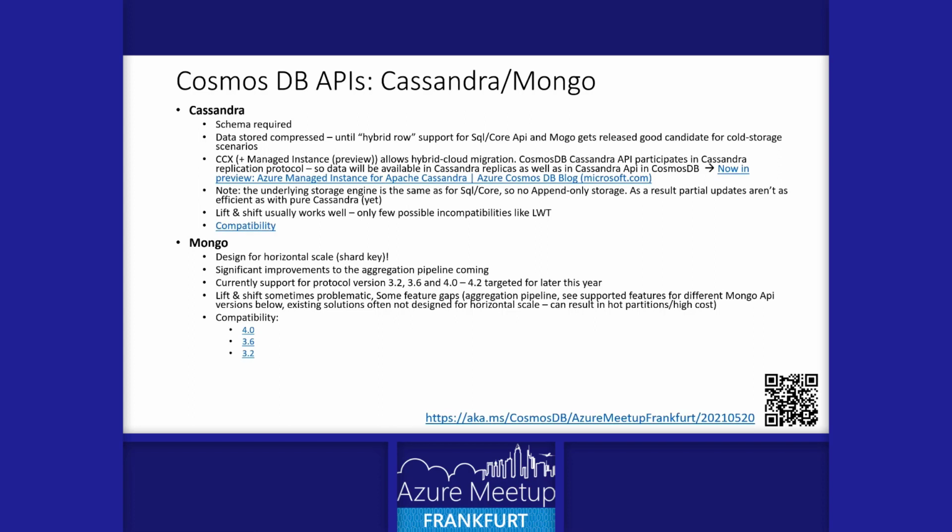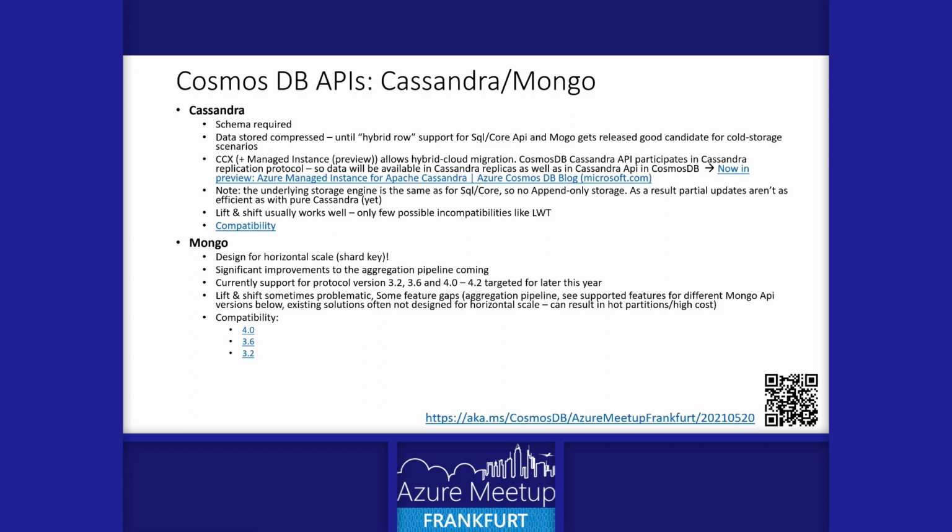With each version, Mongo adds new features, and for each of those versions, I linked the feature compatibility matrix here. There are certain areas, like I mentioned with Mongo, where the surface area is very wide. Some of those features we intentionally don't support. For some, it's just a gap where features are not available.